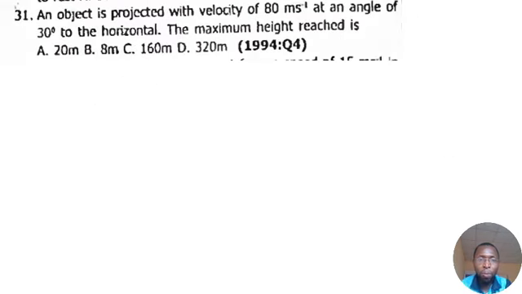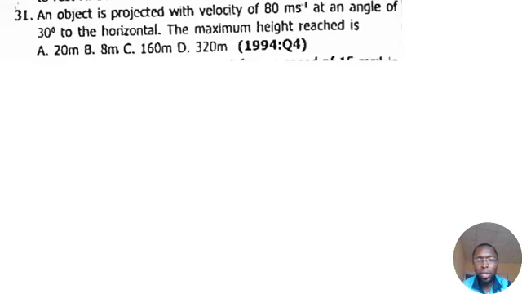Here it said an object is projected with velocity of 80 meters per second at an angle of 30 degrees to the horizontal. So the maximum height reached is A 20 meters, B 8 meters, C 160 meters, D 320 meters. Let's now write out the parameters.